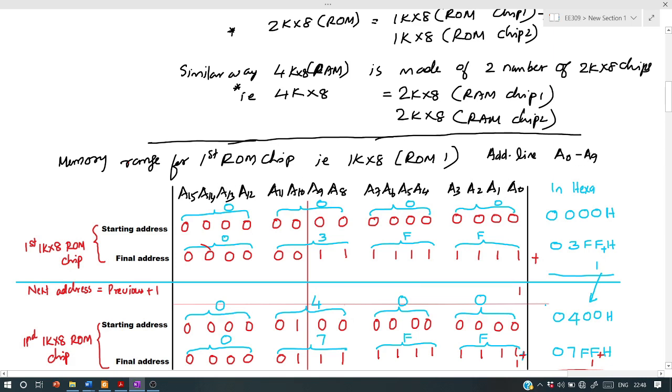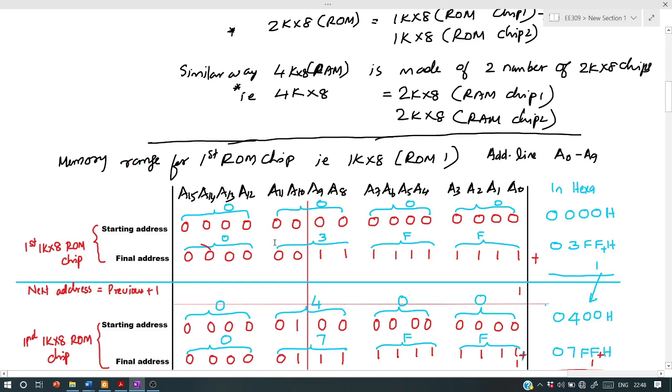Here, as the border line is A9, starting from A0 to A9, the initial address will be 0 and the final address for this 1K chip will be all ones. That is, A0 to A9 become 1 finally. And from starting to finishing, A10 to A15 always contain 0 value. Always its value is 0 like this.